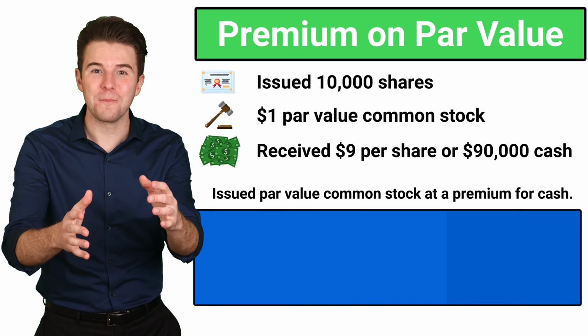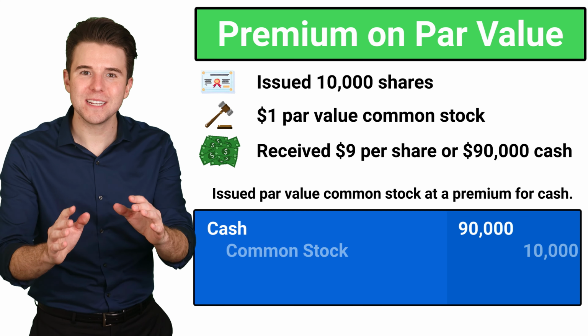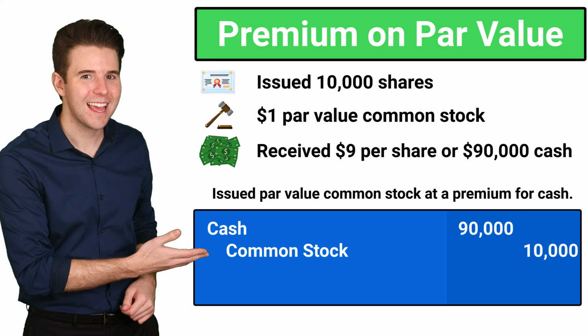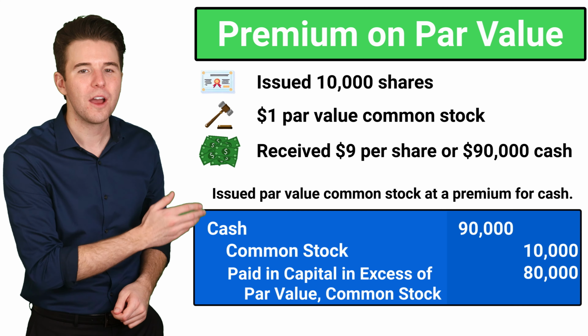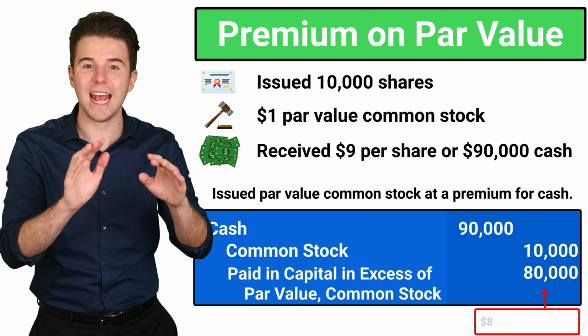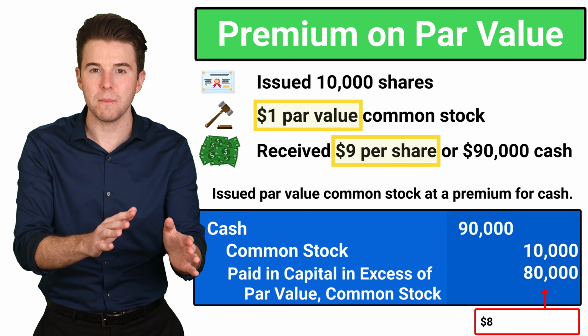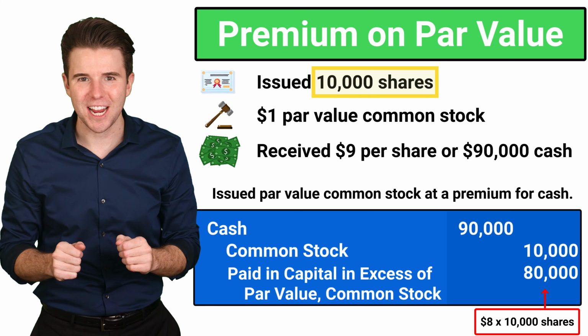To record the entry, we debit cash for $90,000, credit common stock for $10,000, and credit paid in capital in excess of par value common stock for $80,000. This $80,000 is calculated as the $8 per share premium above the par value, multiplied by 10,000 shares.